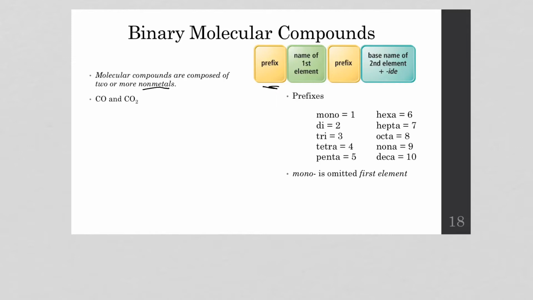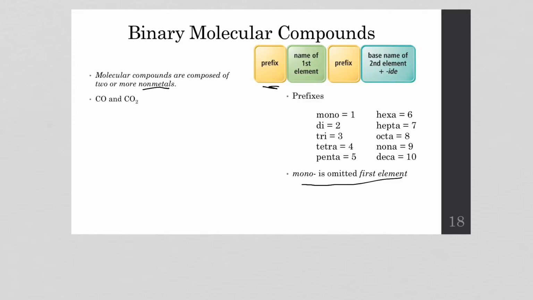There is one exception where we would not have a prefix: we don't ever start the name with mono. So if the first element happens to have only one, we leave the prefix off.